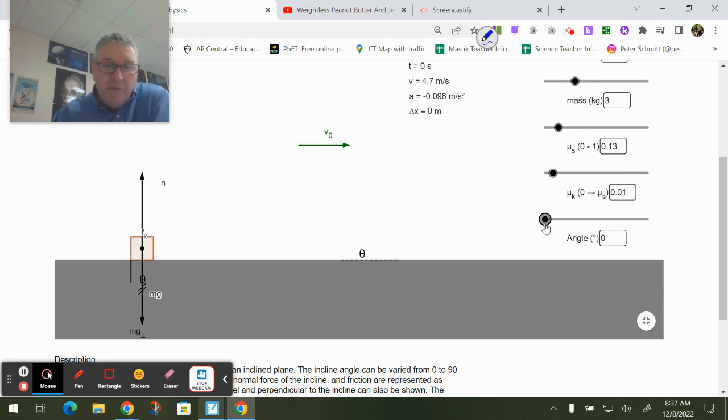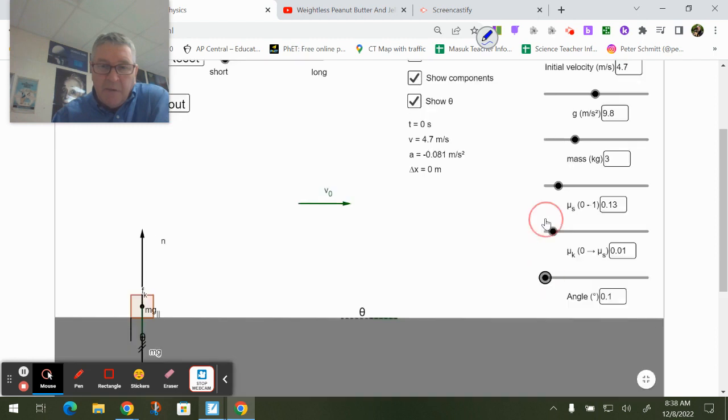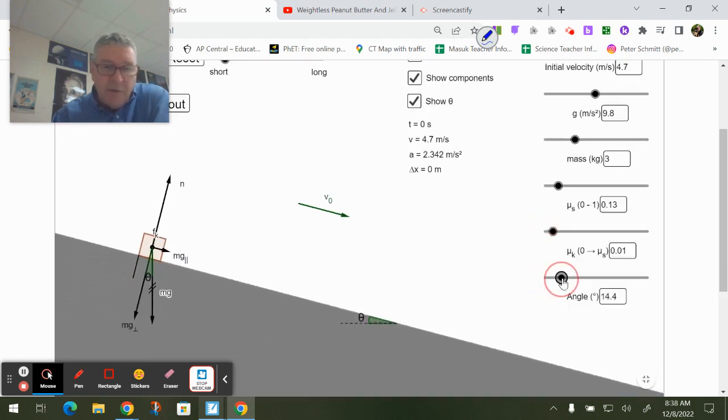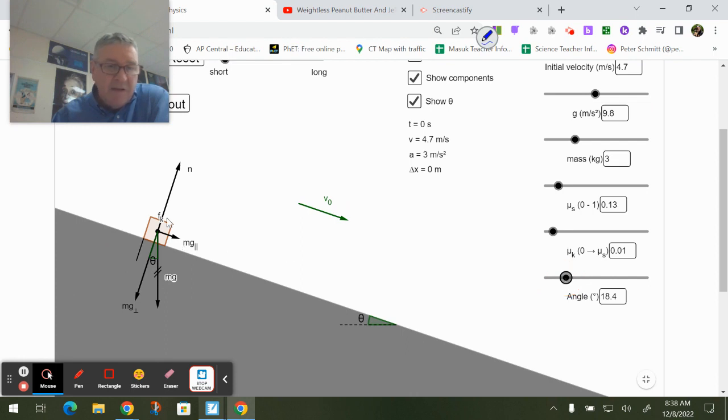But I'm now going to change this angle by inclining this incline, and you'll see that this weight vector will be broken into a P component and an N component. So they call it perpendicular for N, and the P you'll see in just a second. So let me crank up the angle a little bit, and you'll see this actually start to change. So now when I put this at some angle, let's say 18 degrees, what's happened is that this weight vector still points to the center of the earth.